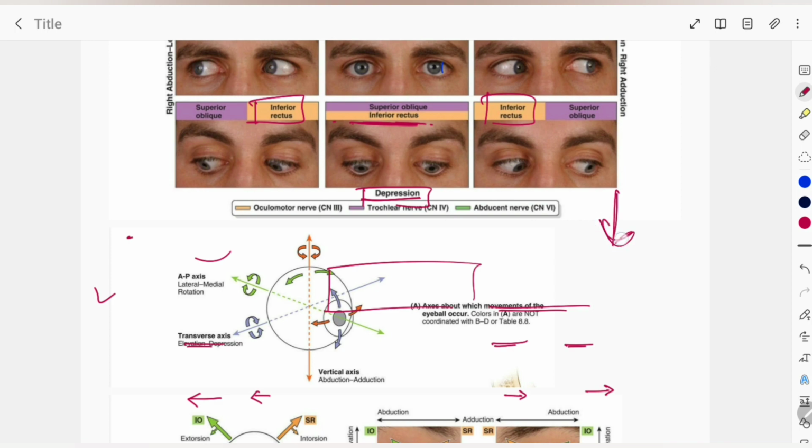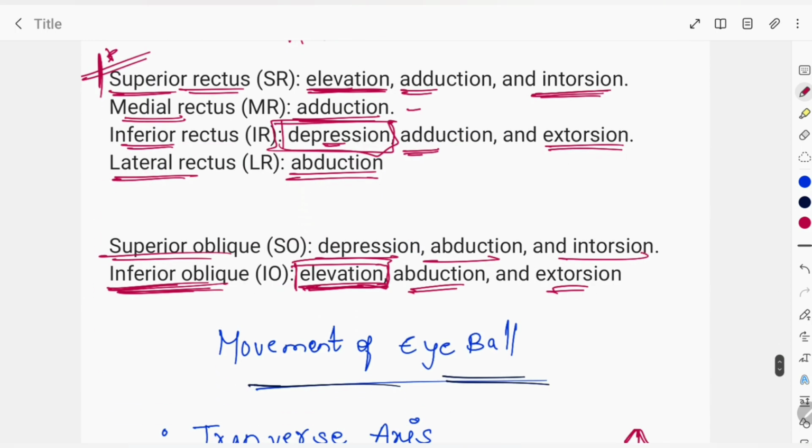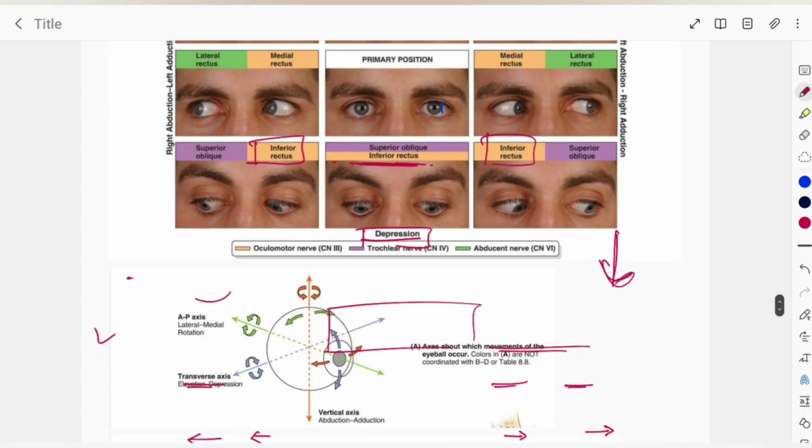What other muscle is required? That is superior oblique. The action of superior oblique is depression also. Here also superior oblique, whenever the person is seeing in the downward direction. Okay, so this is the pure function.